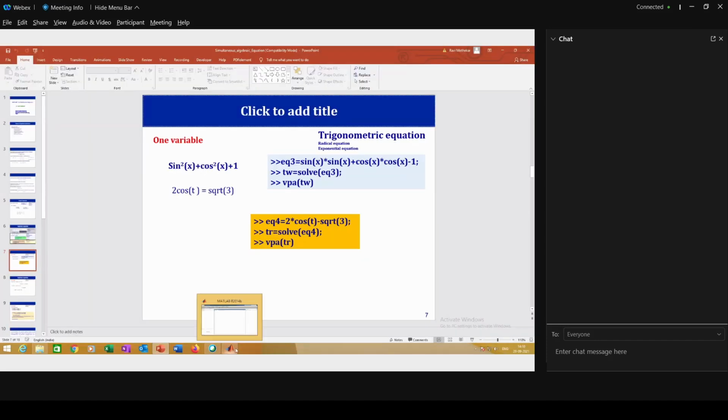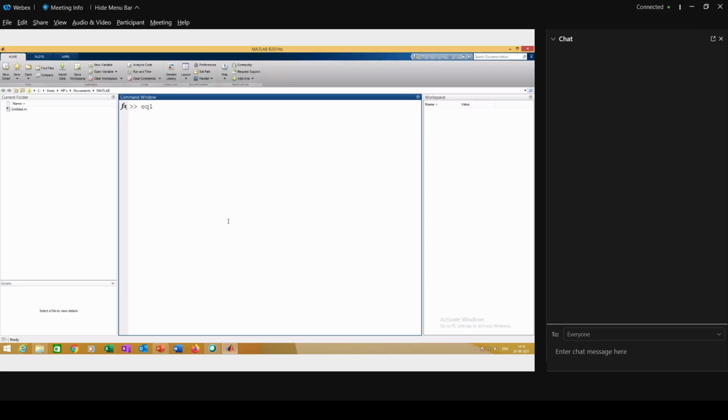So I'm writing equation 1. Before that, let me define x as symbolic, and then I define equation 1 as sine of x multiplied by sine of x plus cos of x multiplied by cos of x minus 1.